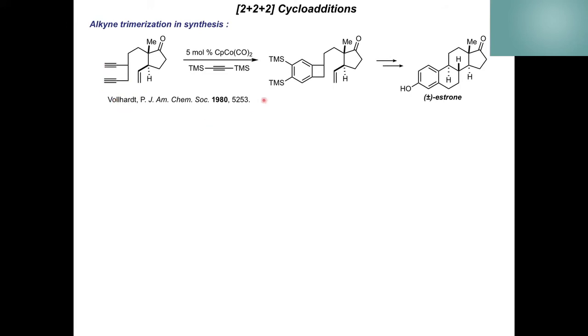And so here's an early example of utilizing this chemistry in complex molecule synthesis. So the Vollhardt group demonstrated the use of a cobalt pre-catalyst as a way to actually construct the benzene ring of estrone. And I think I particularly love these types of examples, because when we're approaching complex molecule synthesis, I don't know that we always think, there's an aromatic ring in my compound, I'm going to make it from scratch.